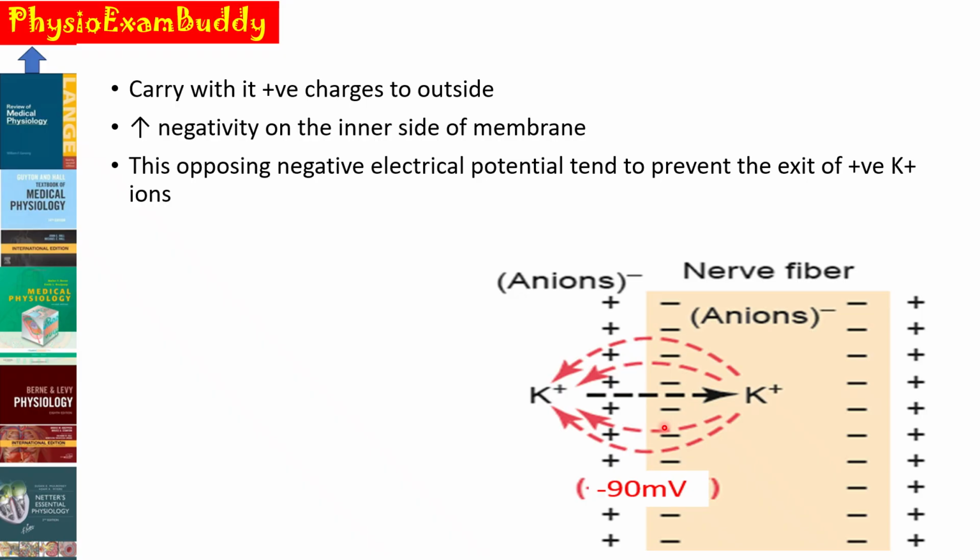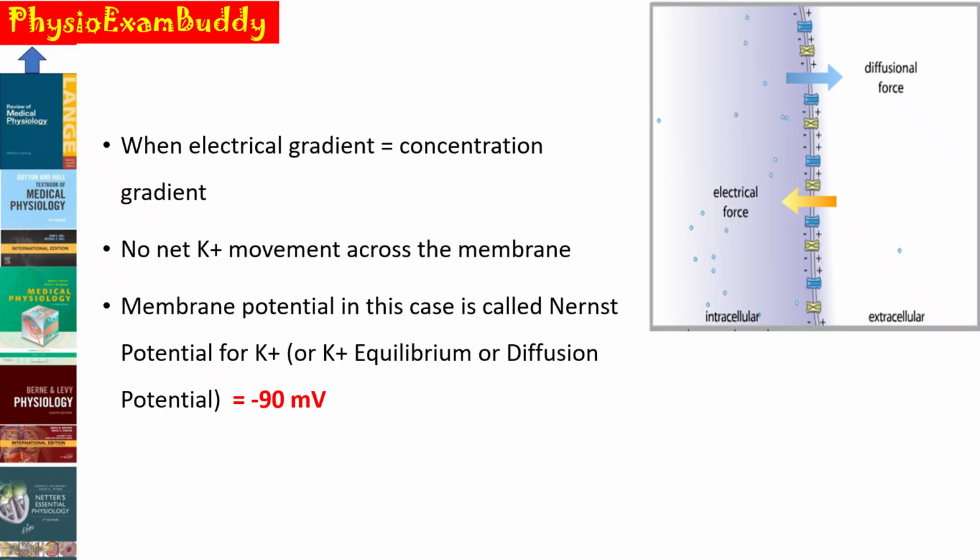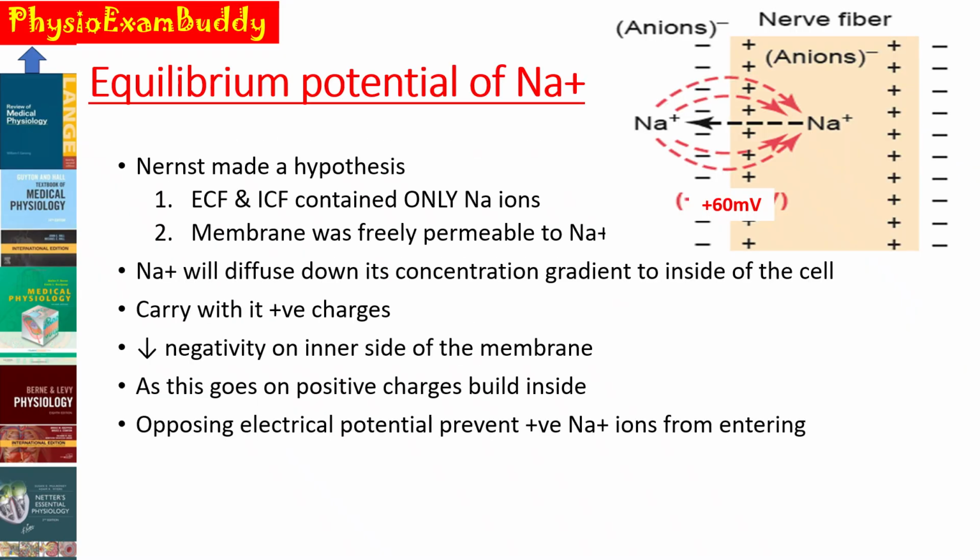This will oppose the further exit of the positive potassium ions. So when this electrical gradient becomes equal to the concentration gradient of the potassium, there won't be any net potassium movement across the cell membrane, and the potential at which this is attained is known as the Nernst potential or equilibrium potential or diffusion potential of potassium, and it is found to be minus 90 millivolt.